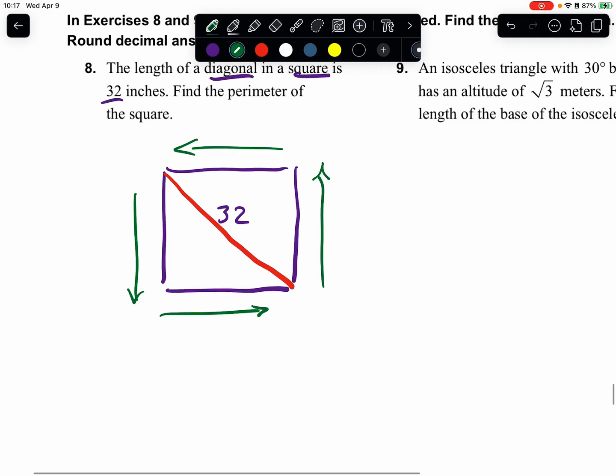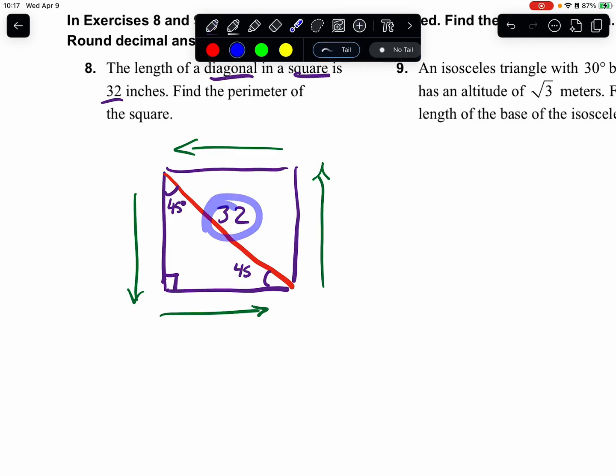What do we remember about squares? Well, we've got a 90. It's a square. I know that these angles have been bisected, so they have to be the same. So this is the 45, 45. How do I go from the hypotenuse to the leg? That's the 45-90 rule. So to get the side, I have to take 32 divided by radical 2.